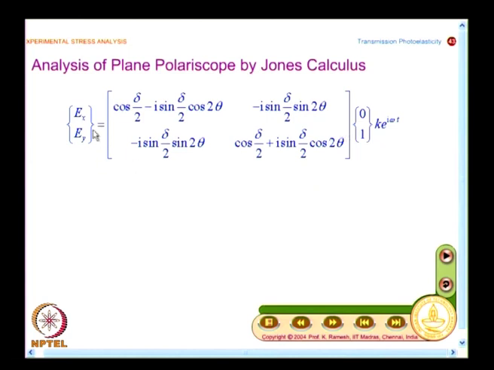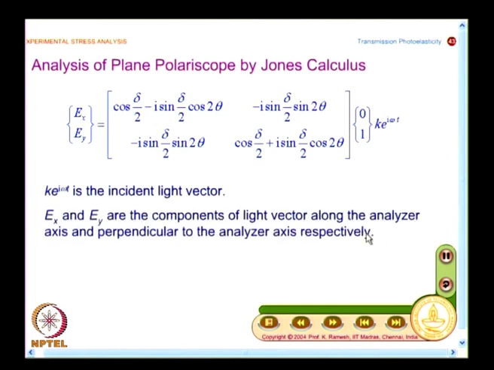And this would give me the component of light along the x axis and y axis. And what do I need to find out? I need to find out the amplitude, because all the sensing elements only record amplitudes. So, that is what we will see now.